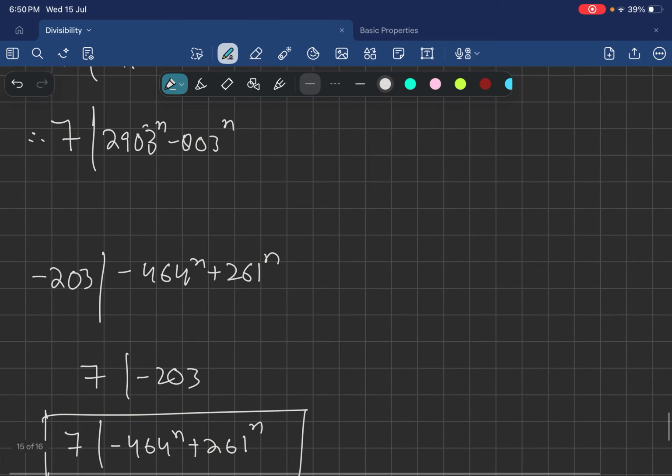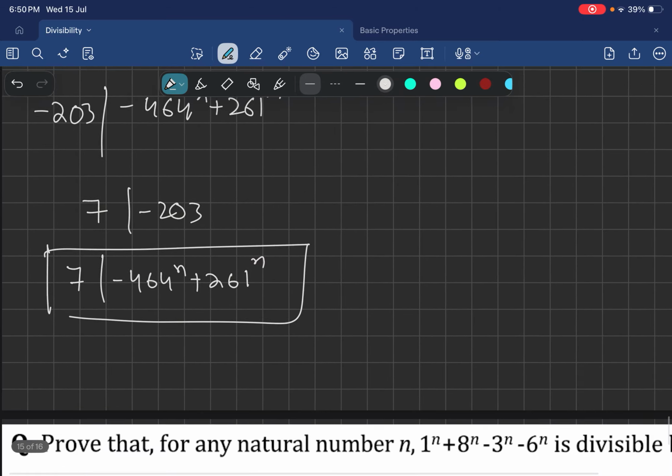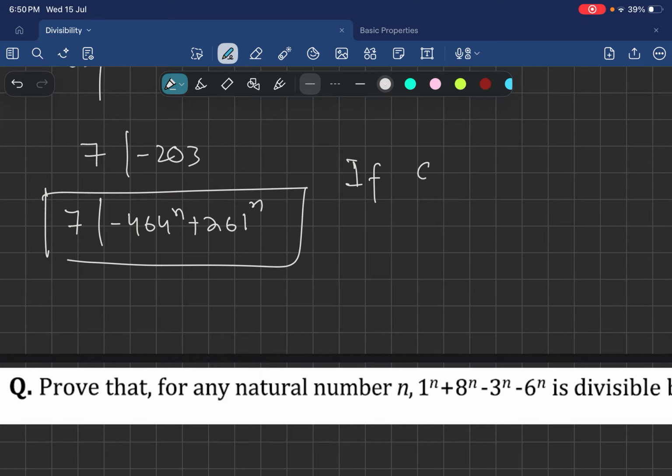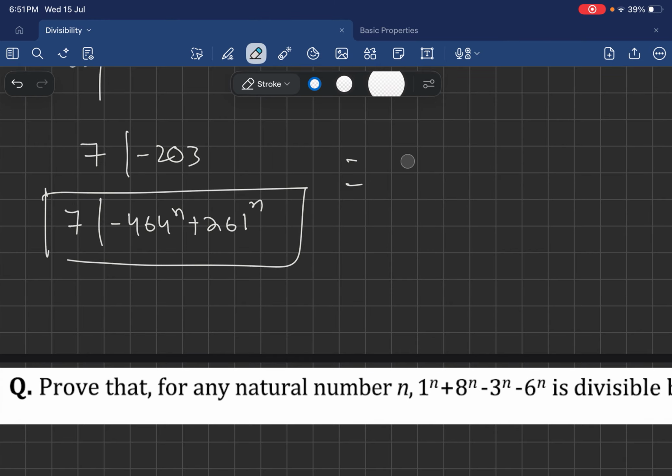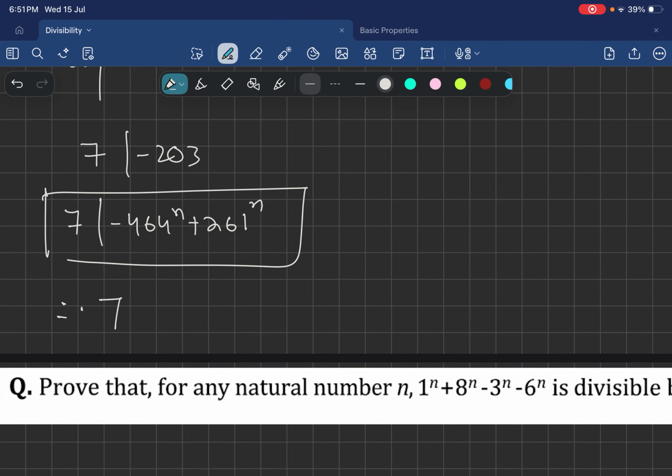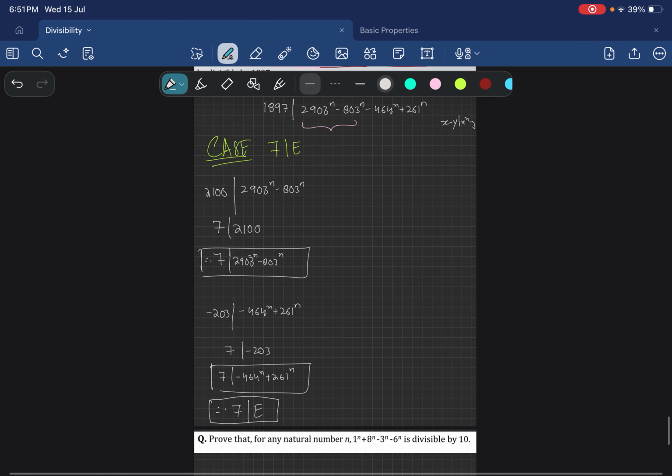Since 7 divides this and 7 also divides the other part, as I told you, if A divides B plus C and A divides X plus Y, then A divides B plus C plus X plus Y. Therefore I can say that 7 divides E.